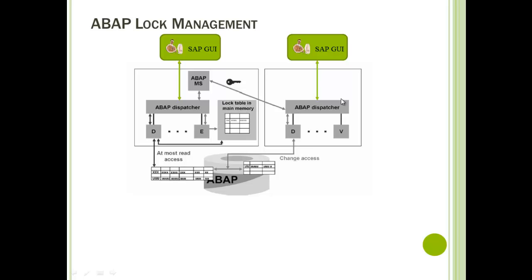Let's say this is the dialog work process which needs one additional lock. It will ask the ABAP dispatcher, which in turn communicates with the message server. Since it's a different system, it has to go through the message server to communicate to the dispatcher which has the NQ. This is the way it works.